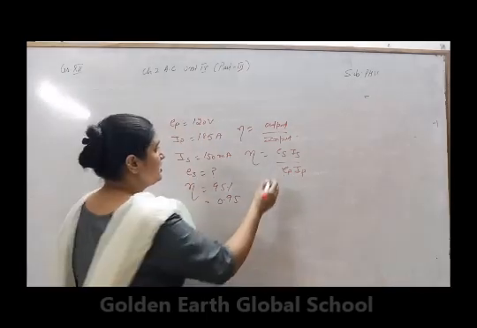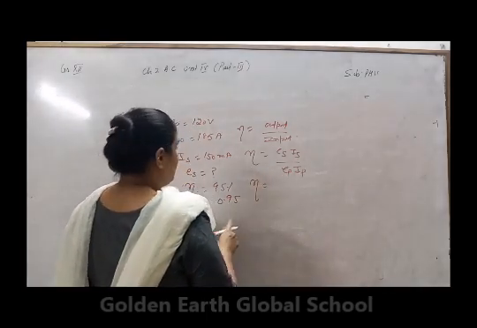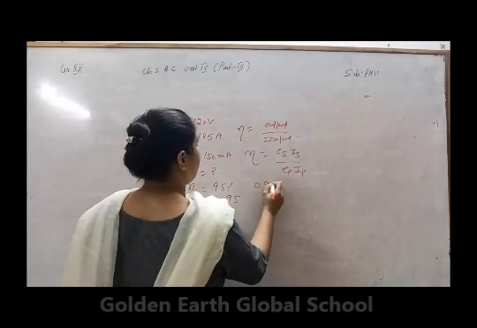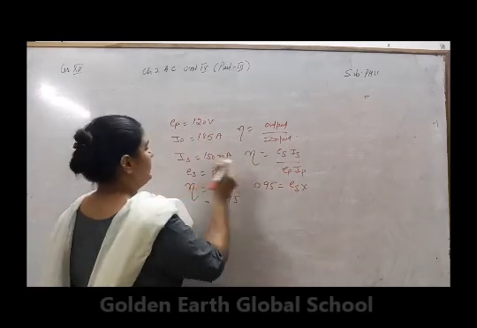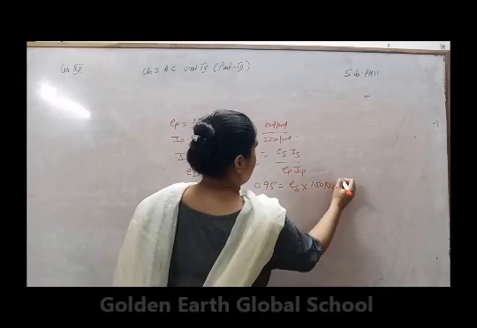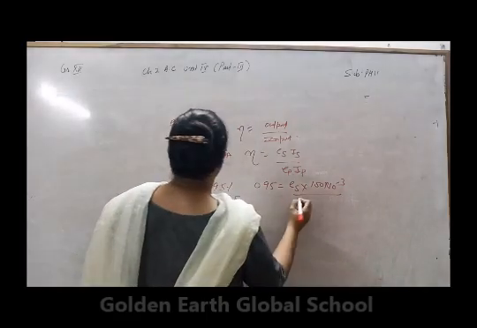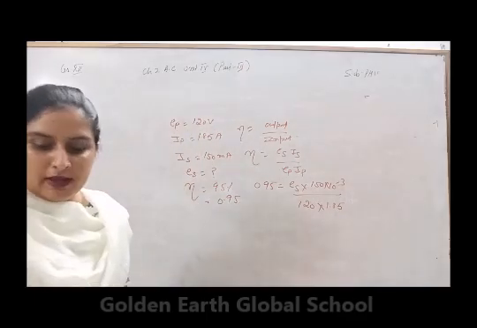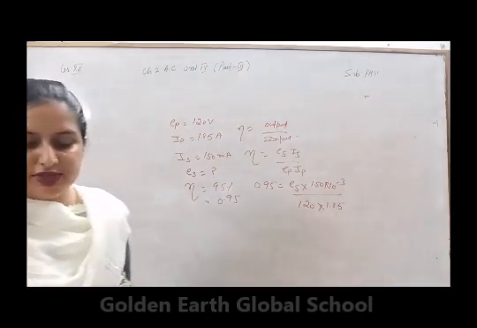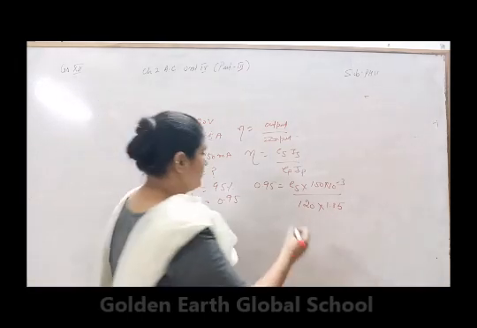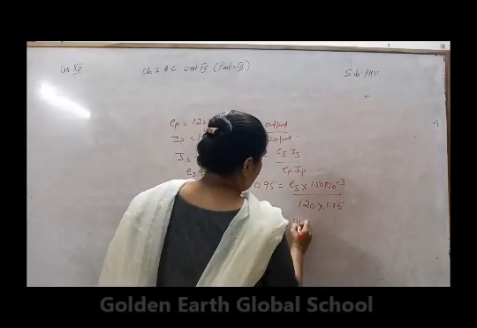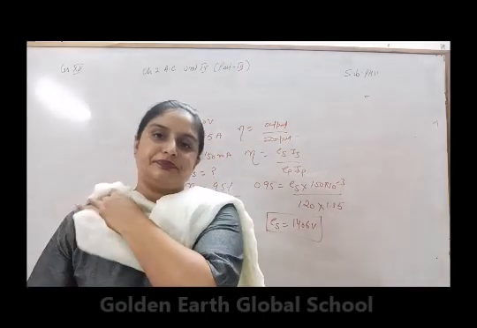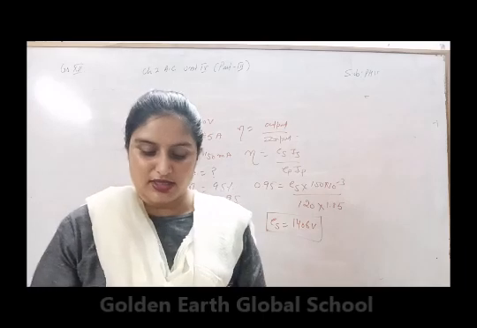From here, efficiency is given, that is 0.95. ES we have to calculate. IS is 150 into 10 power minus 3 amperes. EP is 120 and IP is 1.85. From here you can make the calculations. The answer will be 1406 volts. From here ES will be 1406 volts. This is the EMF across the secondary of the transformer.